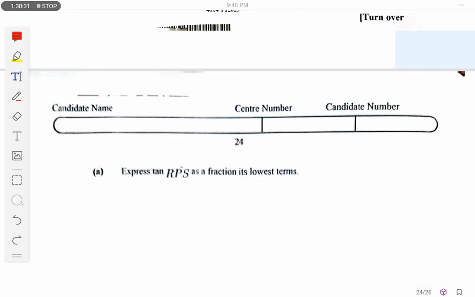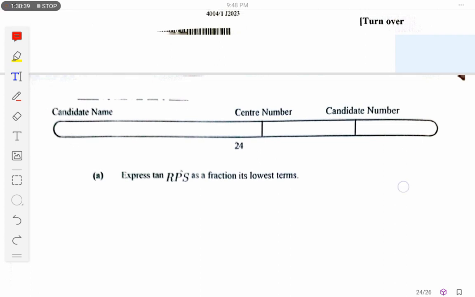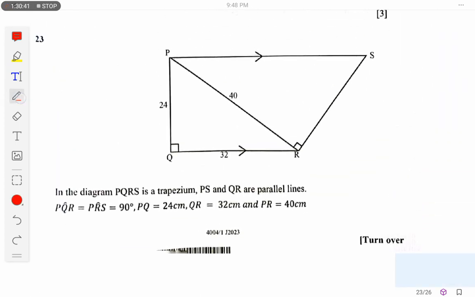Okay, express tan RPS as a fraction in its lowest terms. So we want to express this angle here, RPS.